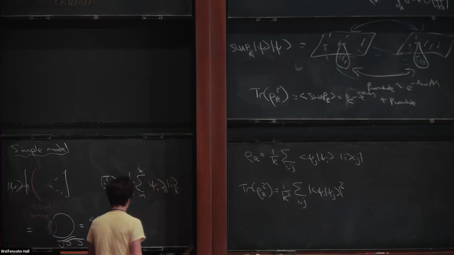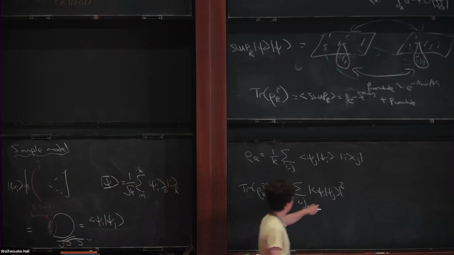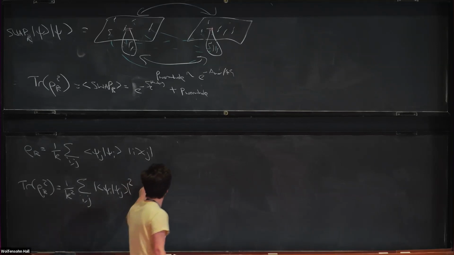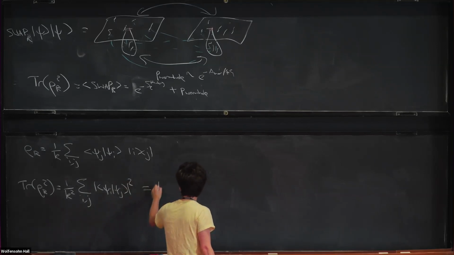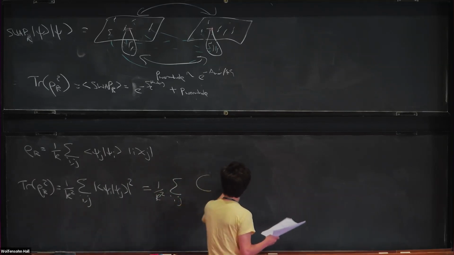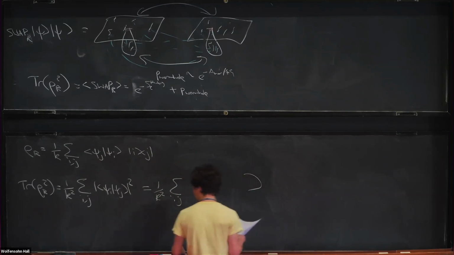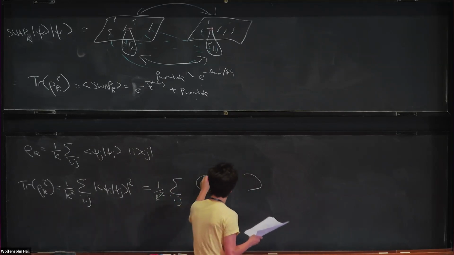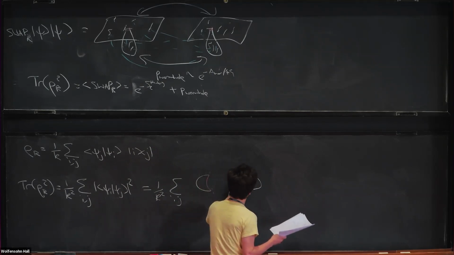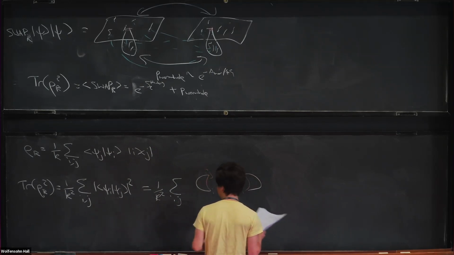So now let's compute this thing, which is just a sum over things that look like psi I, psi j, psi j. So 1 over k squared, sum over I j. Have our Euclidean black holes. That's in I here, j, j.